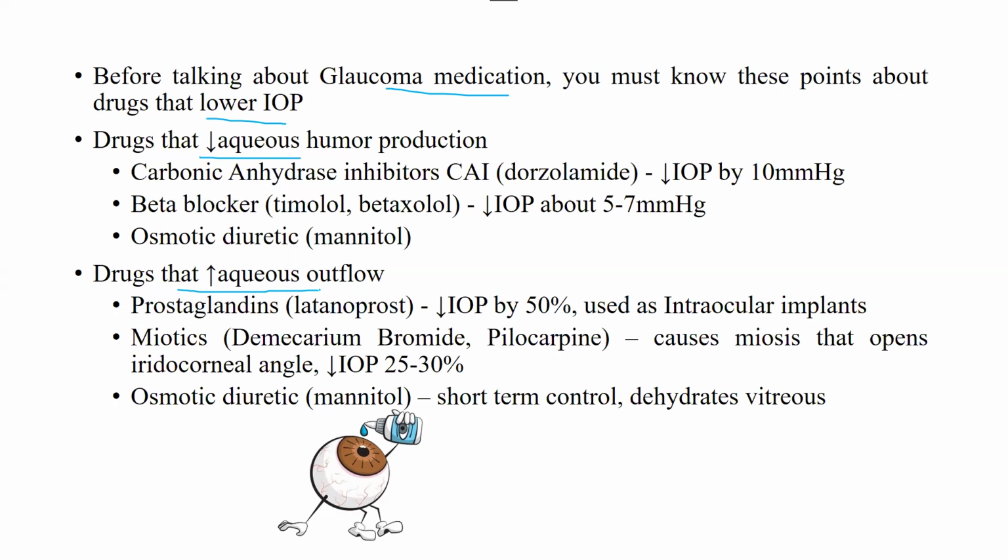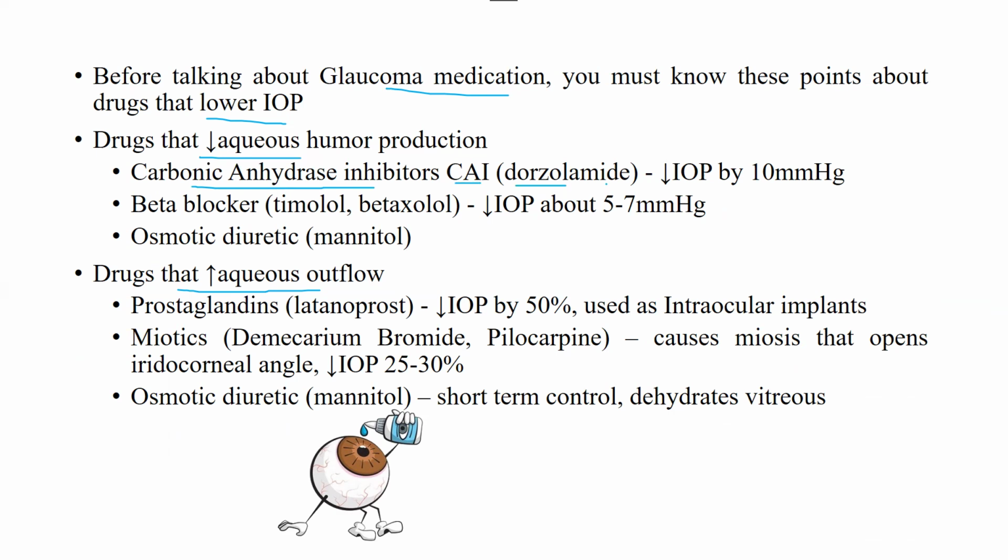Either we stop the factory that is producing more fluid, or we do something that will extract the fluid out from there.